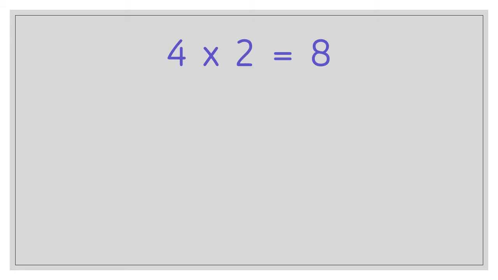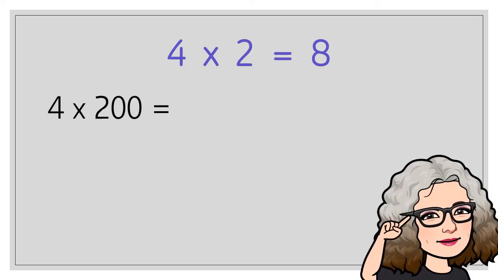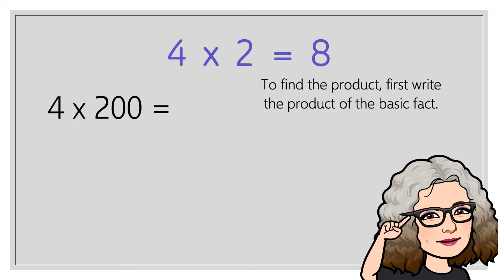Okay, let's use that same basic fact of 4 times 2 equals 8 to help us solve 4 times 200. Again, this is what I'm going to do. To find the product, first write the product of the basic fact. Well, again, I can see the basic fact of 4 times 2 in this larger problem. And I know that 4 times 2 is equal to 8.